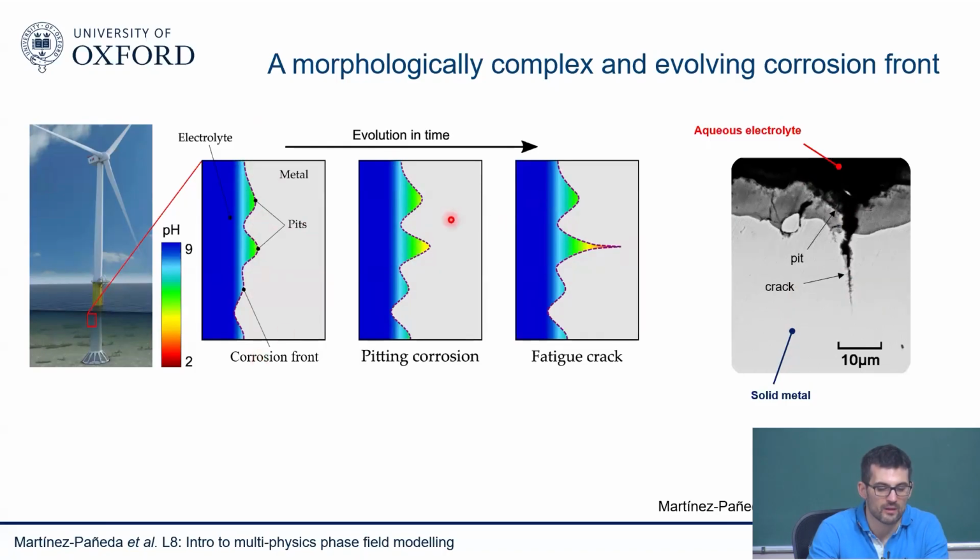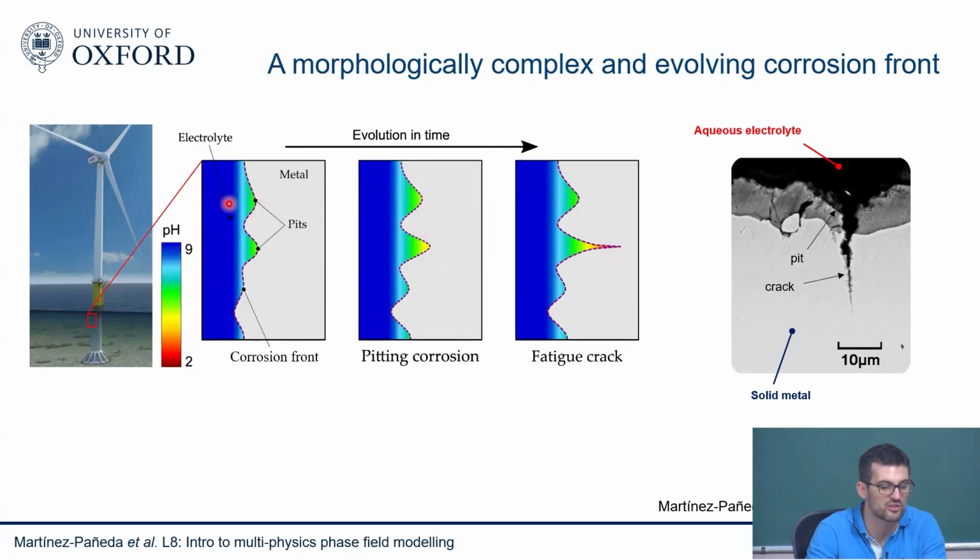So as you know, of course, you are very familiar with mechanics. The sharper my pit is, the higher the stresses I will have ahead of my pit. The higher the stresses I have, the faster the corrosion will happen. The sharper the pit is, also the more change in local electrochemical conditions I will see. So you'll go from a pH of 9, as you can see here, to 2.